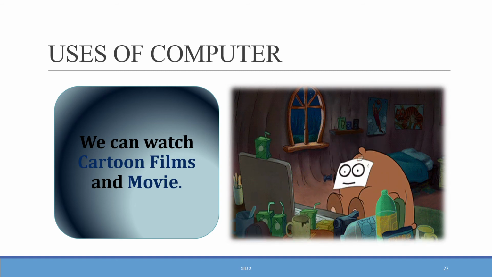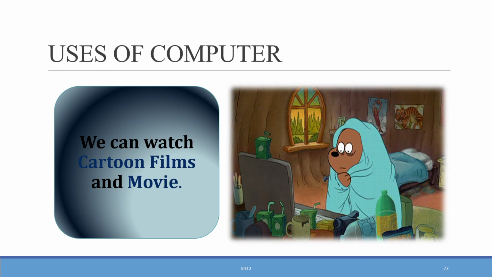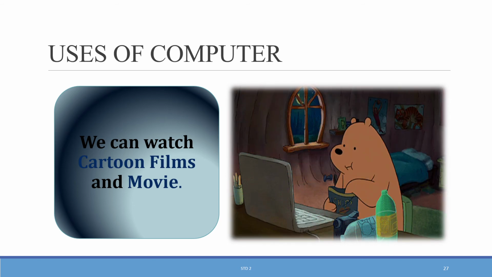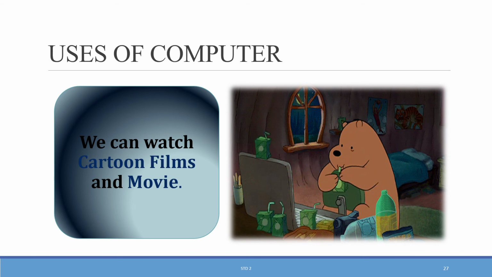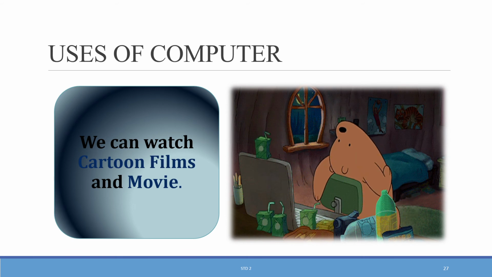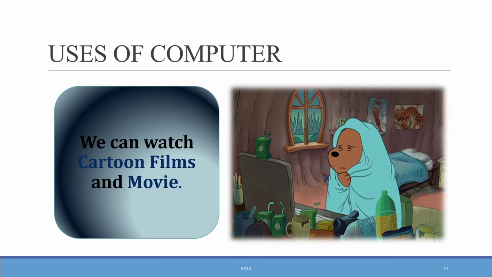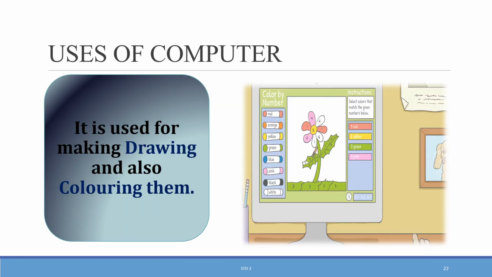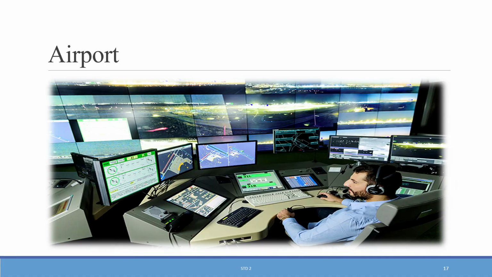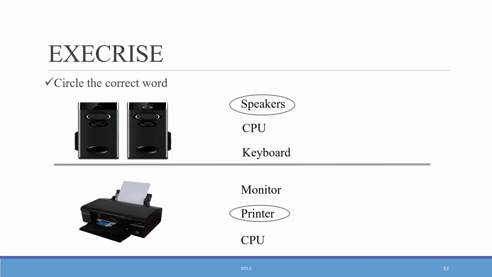So in this lesson we learned different uses of computers and different places where computers are used, right? So we are going to revise all of this in this lecture. Starting from the first point, places where a computer is used.